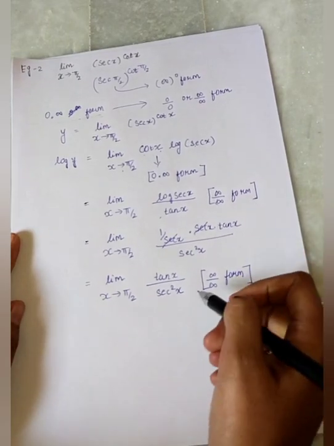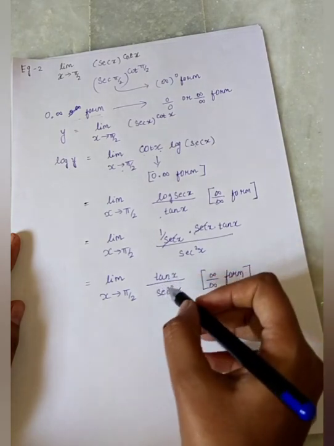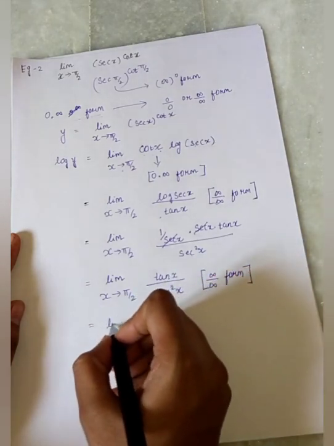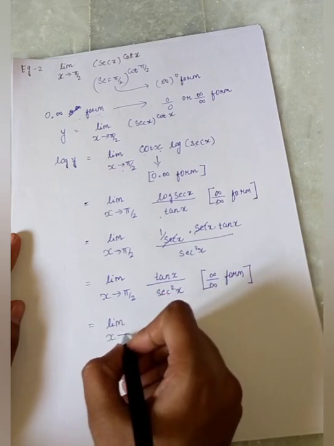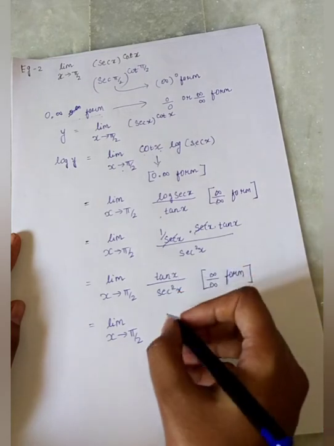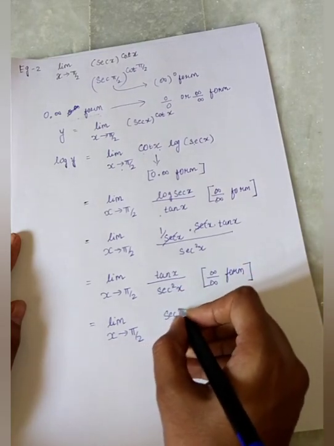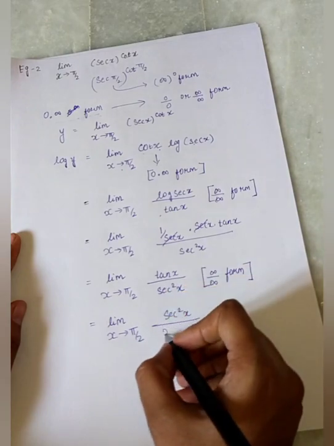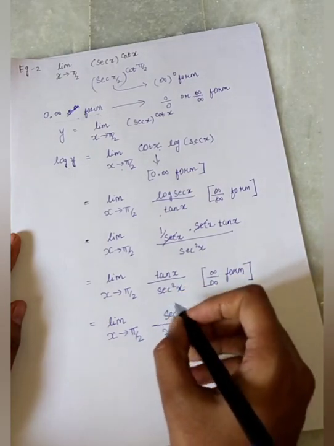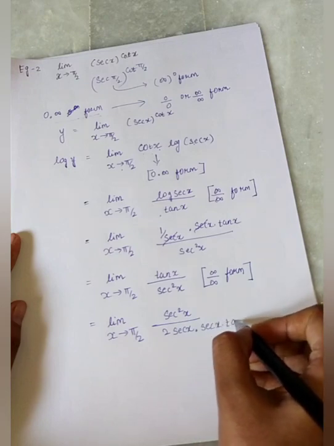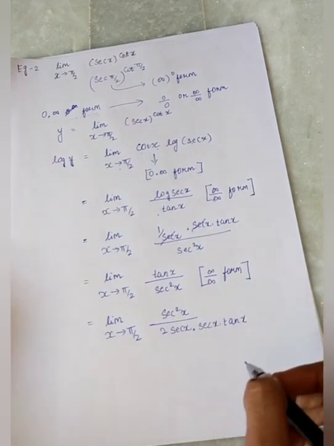So again we will differentiate numerator part and denominator part. So we get limit x tends to pi by 2. Differentiation of tan x will be sec square x. And differentiation of sec square x will be 2 sec x, and again differentiating sec x, we get sec x into tan x. Okay.